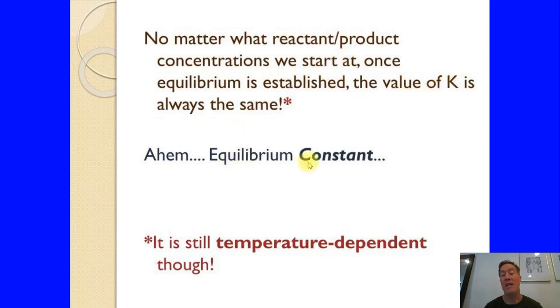That's why we call it the equilibrium constant. The only thing that changes K is temperature. So very often when you get an equilibrium constant, it will tell you at what temperature that applies. We don't often use the temperature, but it will say at this temperature, say 300 Kelvin, this is the equilibrium constant.